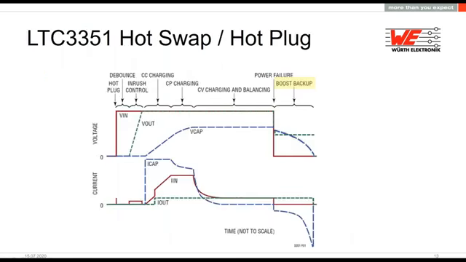Now let's dive a little deeper into how the demonstrator is working. The example begins here with this hot plug event, when the input voltage and the capacitor bank voltage are 0. Then we plug it into a power supply suddenly, at the point labeled hot plug.